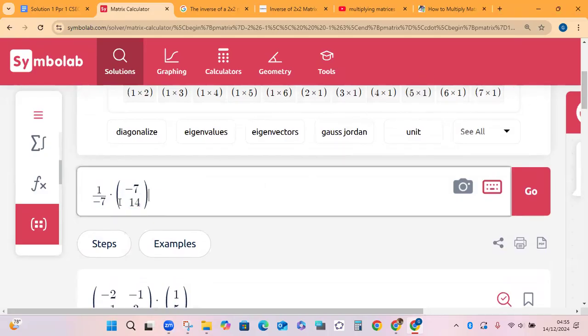You have to multiply all the numbers in the matrix by that number. They call it scalar multiplication. Scalar in maths means a number. So 1 over negative 7 times negative 7, that's negative 7 over negative 7, which is 1. And 1 over negative 7 times 14, that's 14 over negative 7, which is negative 2.